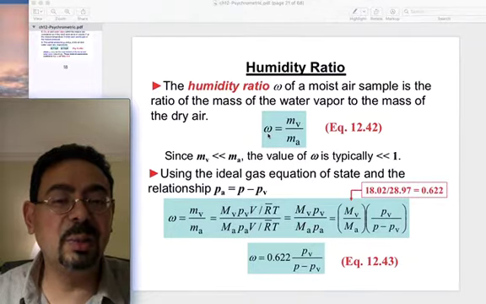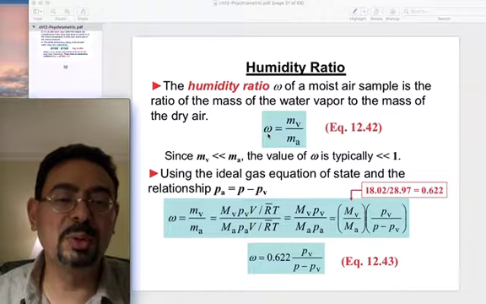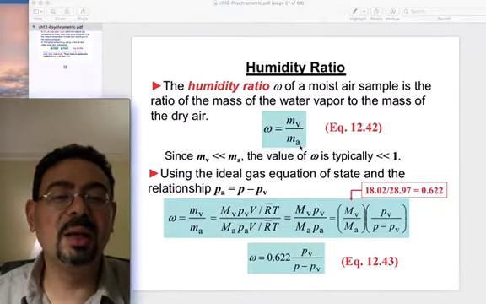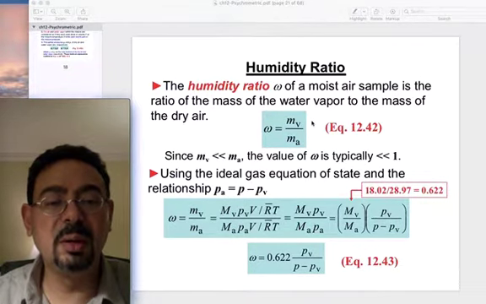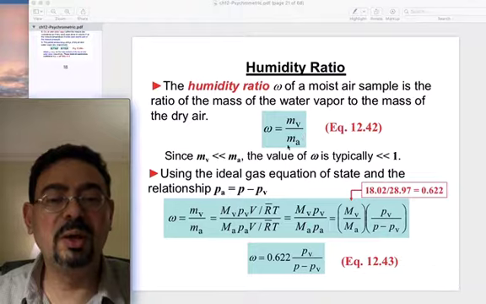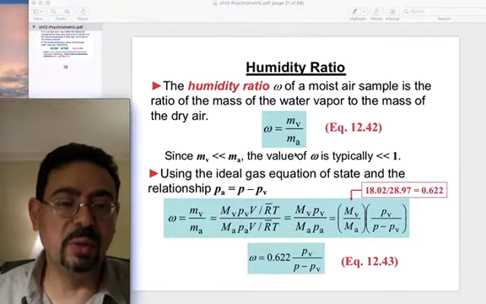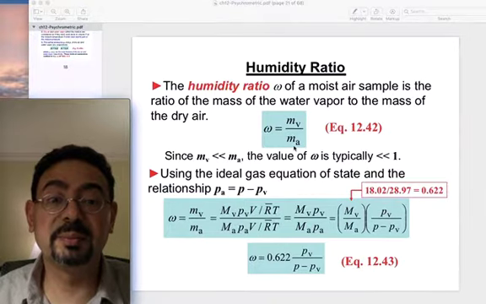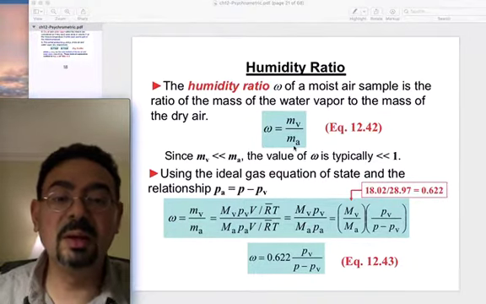But the humidity ratio, omega or W in other books, is the mass of the vapor over the mass of the dry air. So what is the unit of this? It will be kilogram water vapor over kilogram of dry air, right? So m_a is not the mixture mass. m_a is just the dry air mass. All right? Very good.